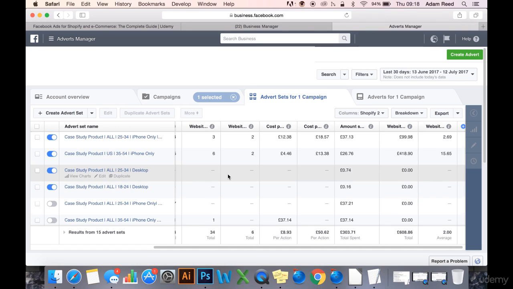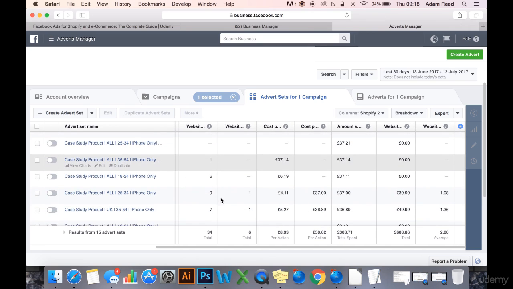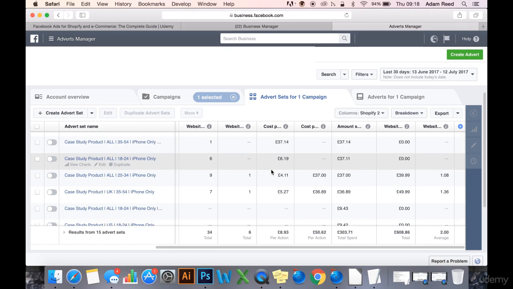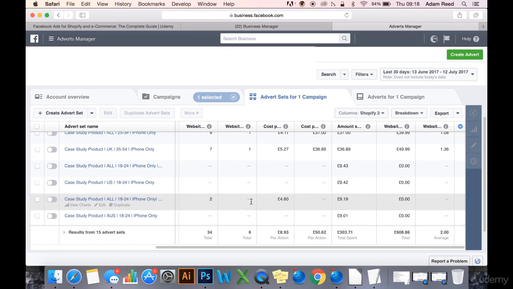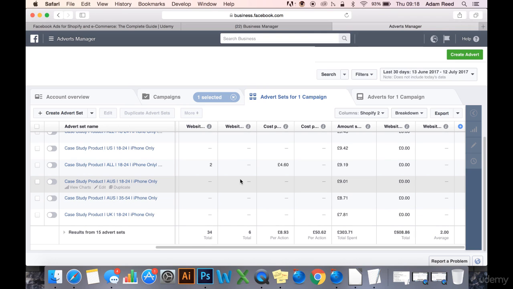I thought I'd try it in the second campaign. Here you go. So let that run. These ones that say all is where it's all countries. These are the first ad sets I ran. And I didn't get very good results. I'll be honest, didn't get good results. And I decided to basically not pack it in because I'd only spent a bit of money and I'd only tested very, very minor things.